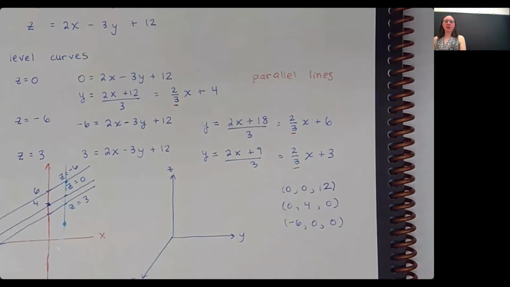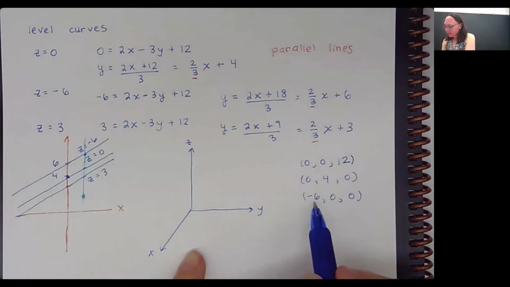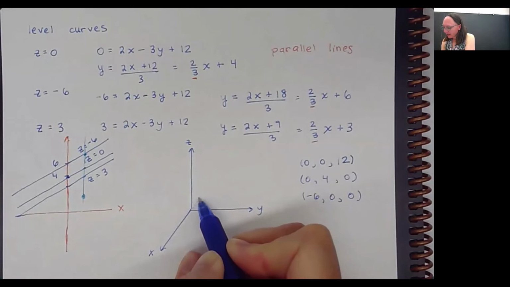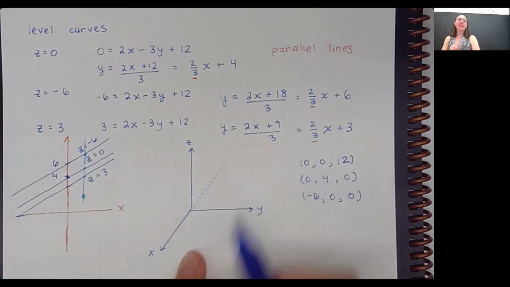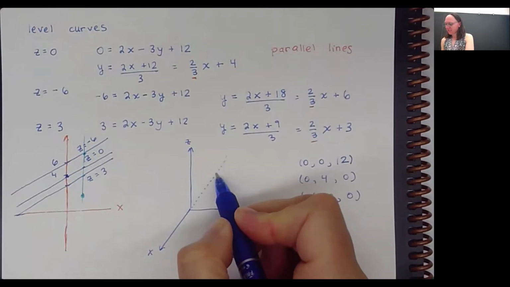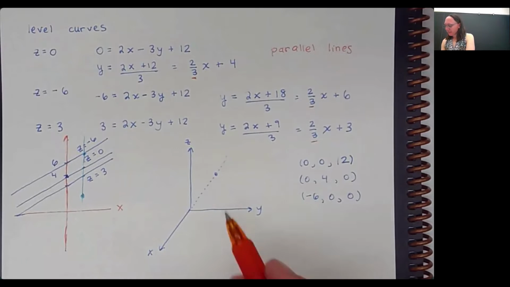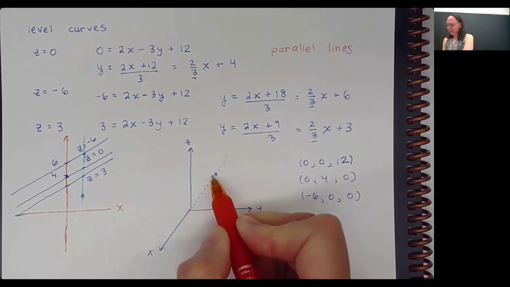I was not kind to myself in terms of drawing this, but we'll survive. That x-intercept is sort of behind the paper, at a value of -6. So it's living back there.